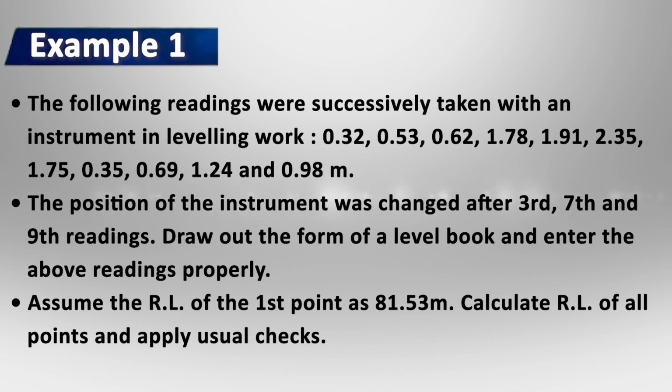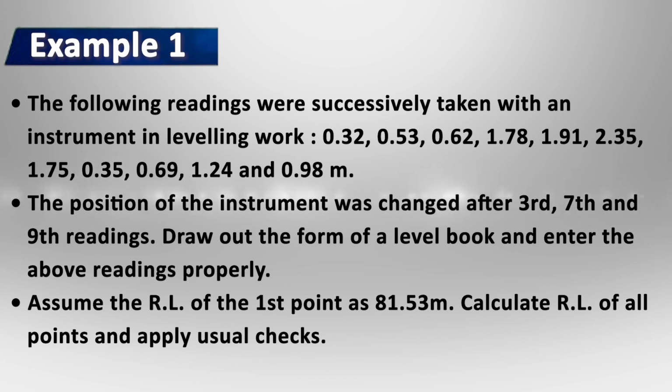Let us take the first example. In this, the following readings were successively taken with an instrument in leveling work, that is 0.32, 0.53, 0.62 and so on up to 0.98 meters.